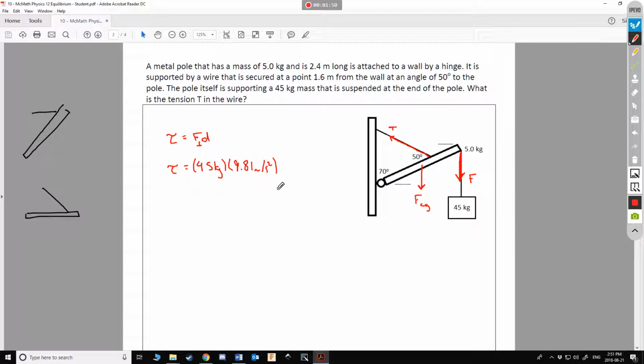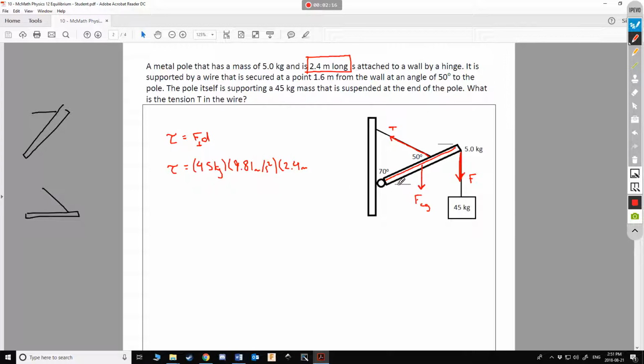And we need to find the distance part now. The metal pole is 2.4 meters long, so I can write out 2.4 meters. But I'm not quite done, because that distance is from here to here. Right now, this line that I just drew is not perpendicular to F. So I need to find the perpendicular component.